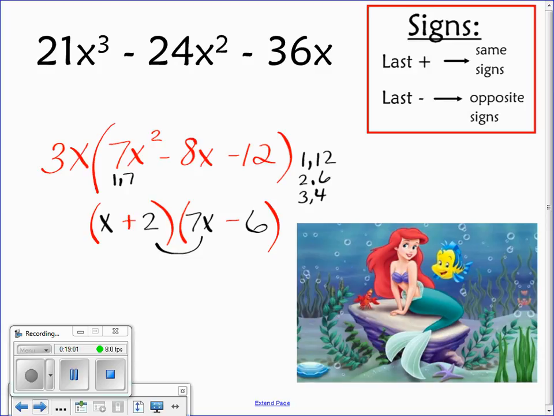I can just split the 2 and the 6. All right, let's check this again. That gives me 14x minus 6x is 8x, and we want negative 8x. So you're right, flip my signs. That's a plus. That's the minus. Good?